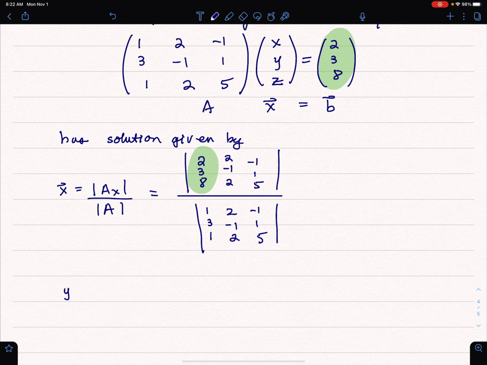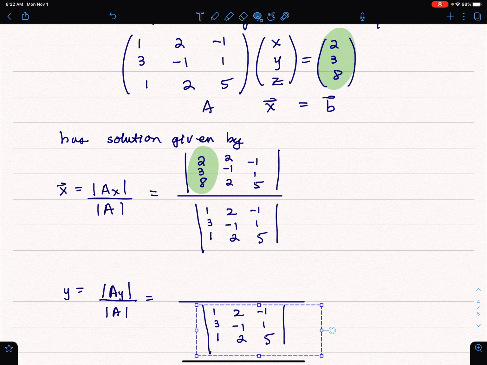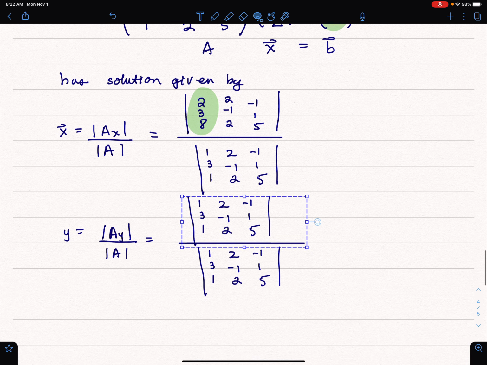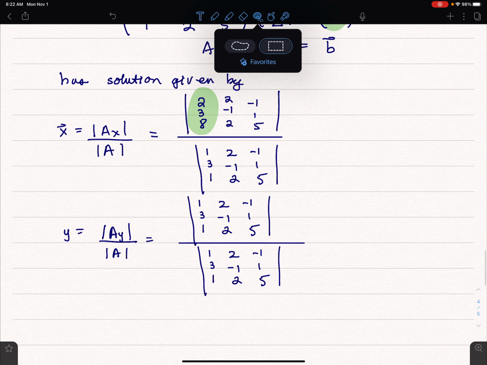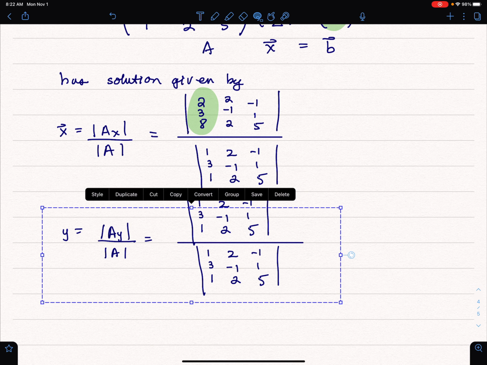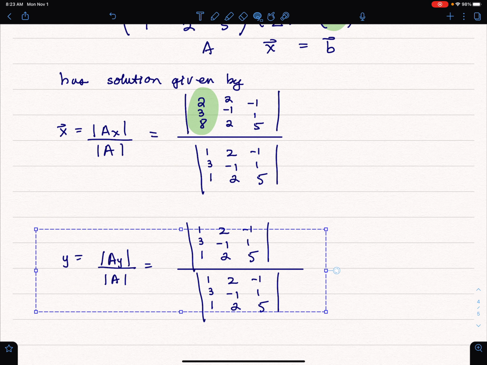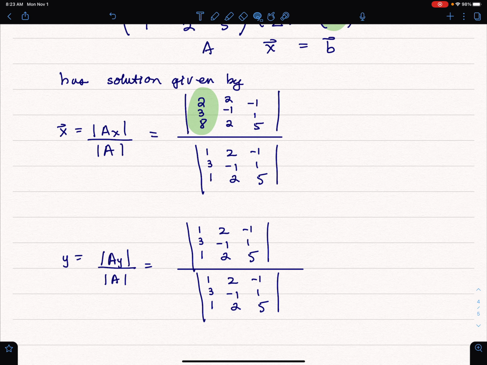And then y is going to be a similar thing. Determinant of Ay over determinant of A. I copy and paste the same denominator, and copy and paste the numerator, except what do I do with this y column?